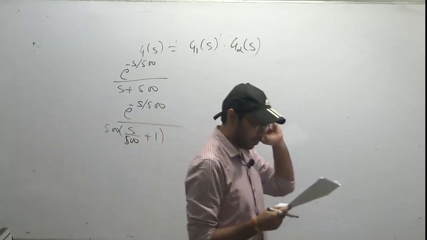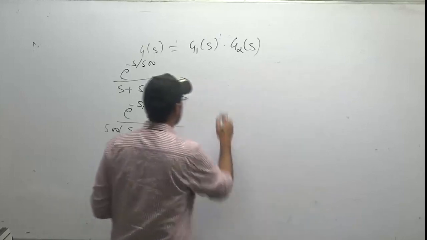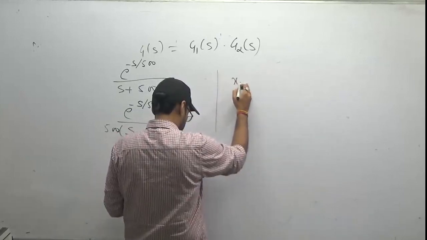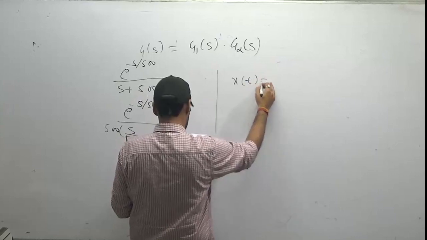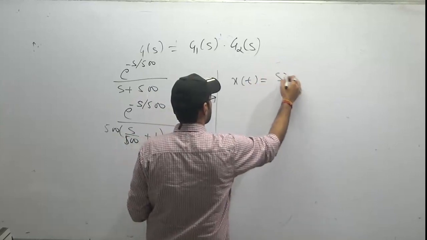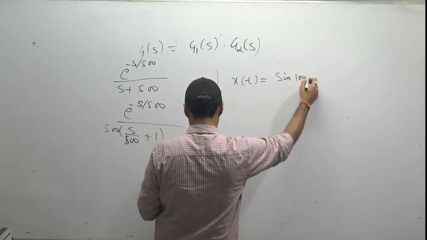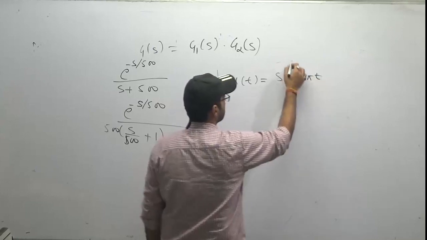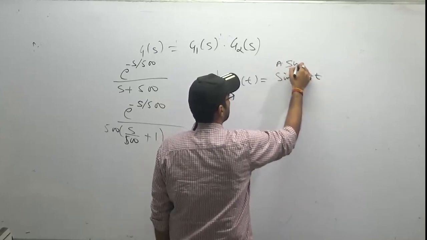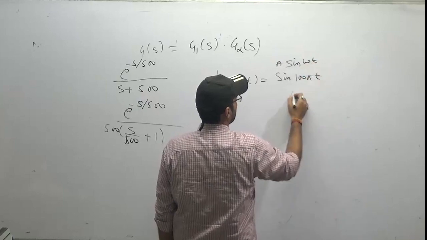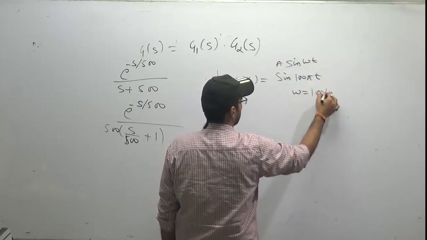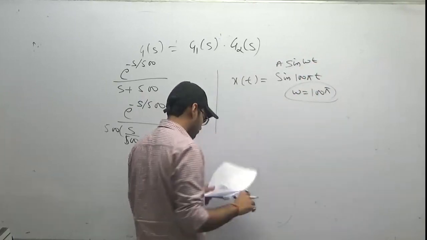Now they are saying the input of the system is given as x(t) equals sine 100 pi t, or we can say this is A sine omega t. The value of omega here is 100 pi. This is very much important.